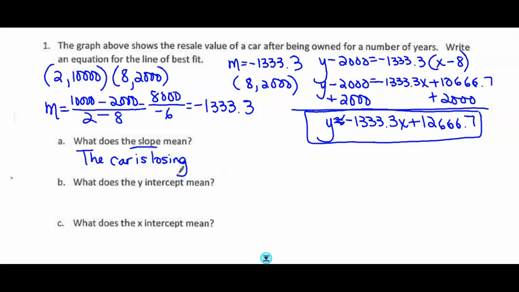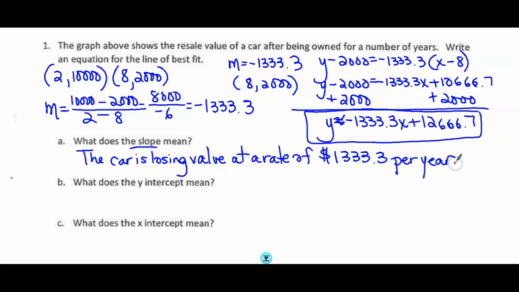You want to say losing because it's negative. The car is losing value at a rate of $1,333.3 per year. We've interpreted slope before, so I hope you remember that.